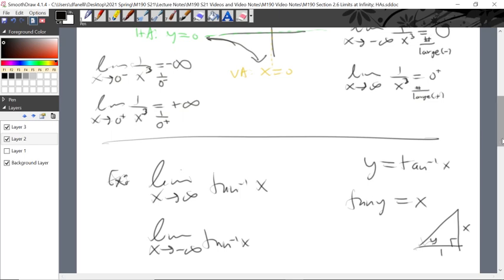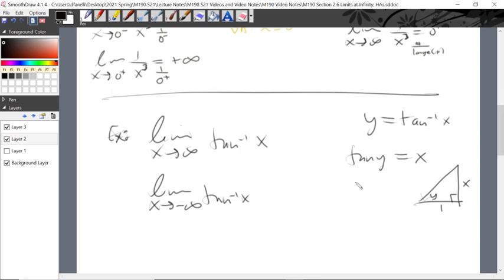The arctangent function is built by inverting the tangent wave. The function y equals the tangent of x, or x equals the tangent of y, if you will, looks like this, and it repeats. It's bounded between negative pi over 2 and pi over 2 on the principal branch, and it repeats and repeats.